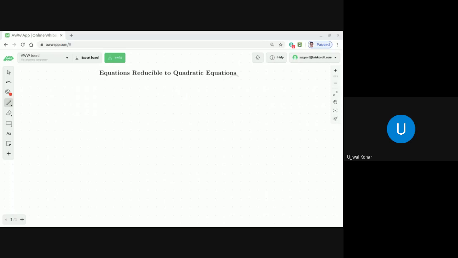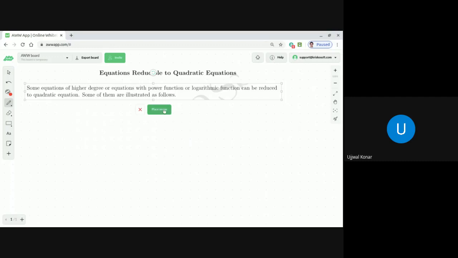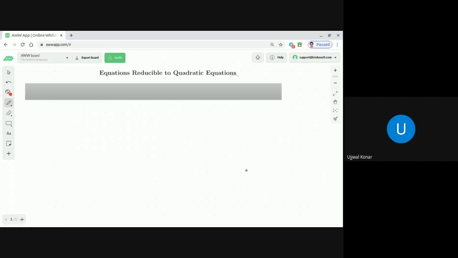Why are we going to transform into a quadratic one? Because we are smart in solving quadratic equations. For example, by now, if I give you a quadratic equation, you can easily solve it, right?